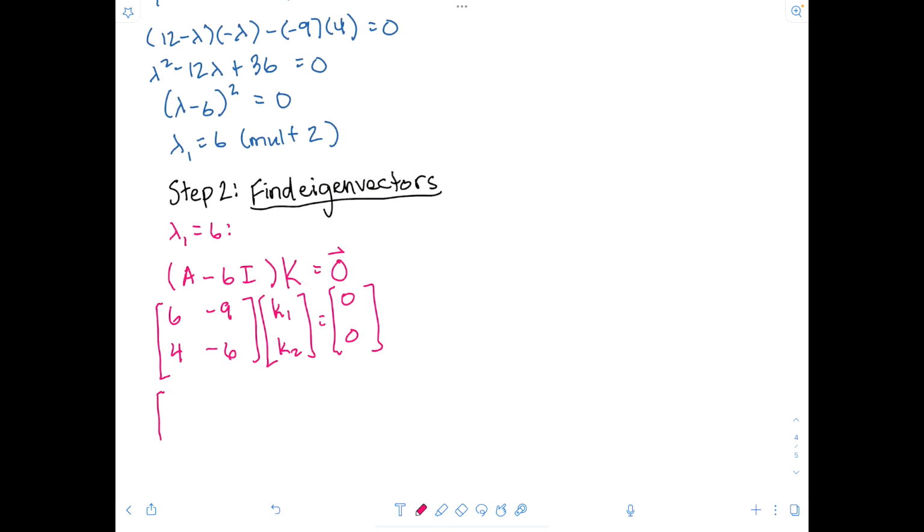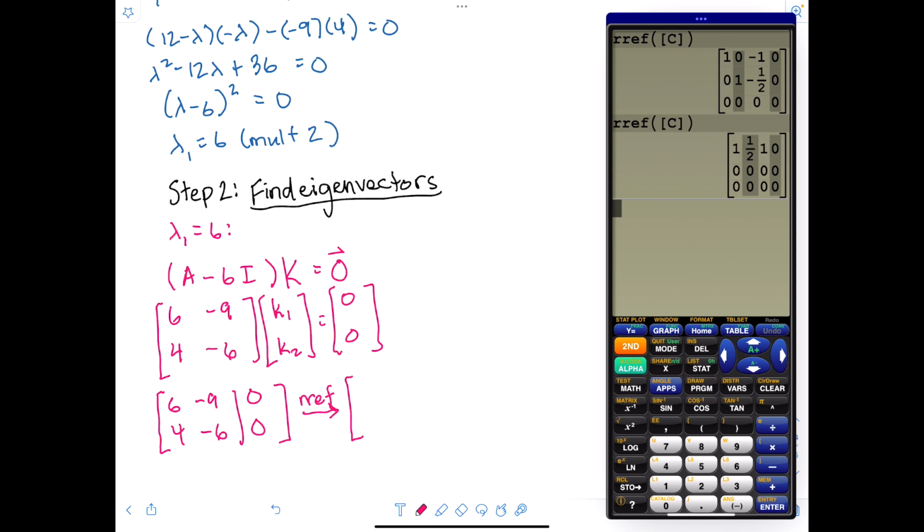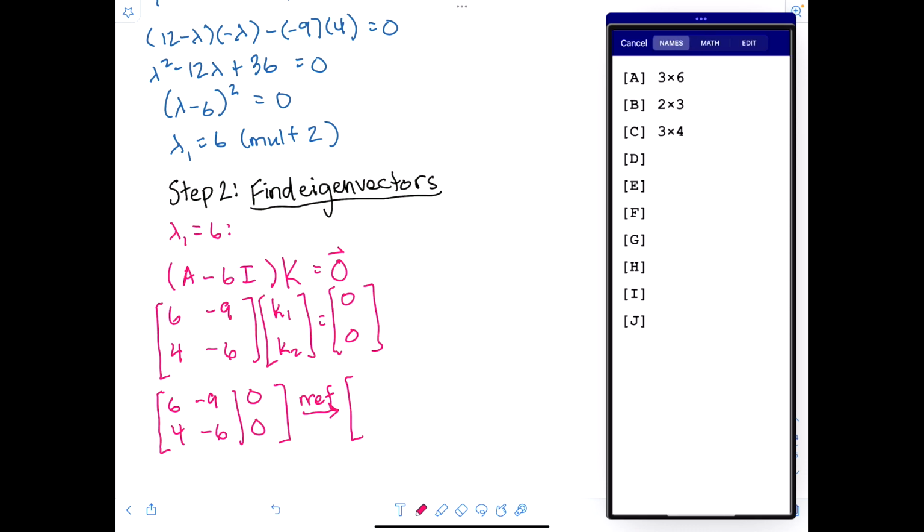And then putting it in the augmented form, we'll find the reduced row echelon form. And let's go to our matrices.